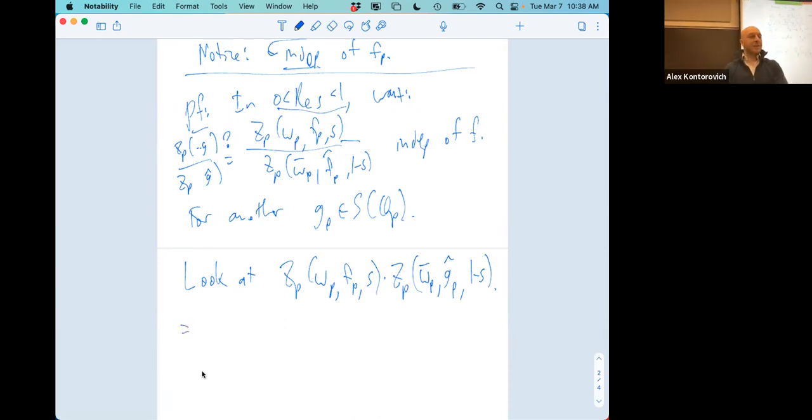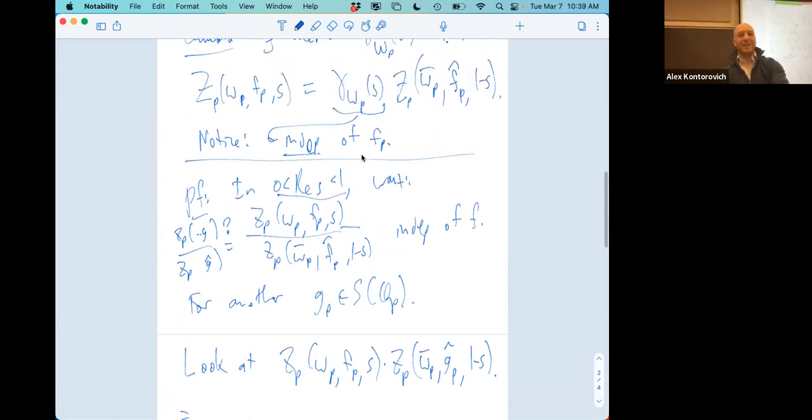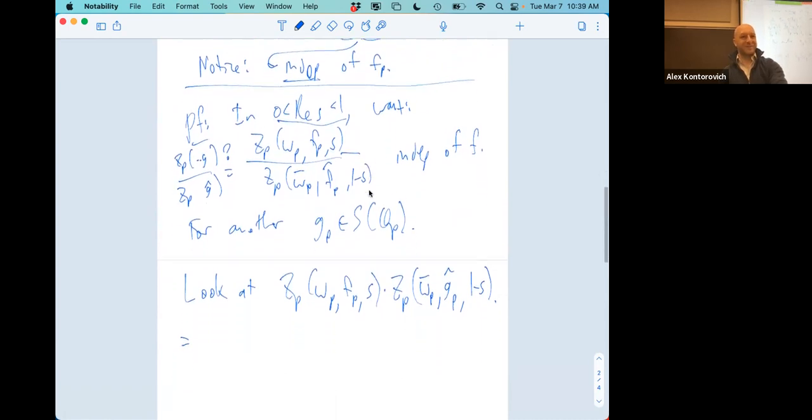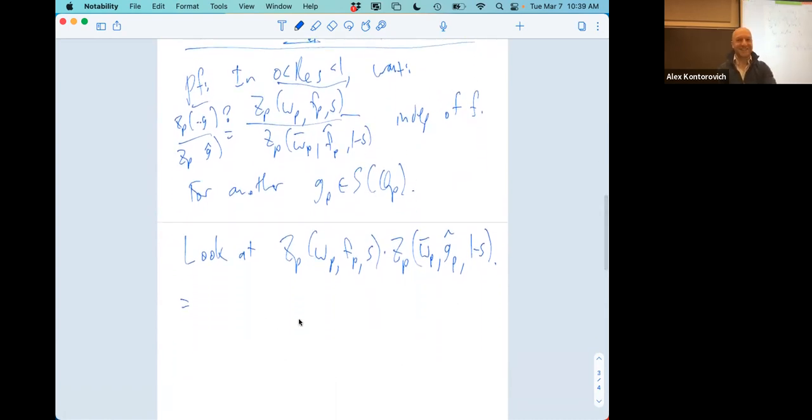So the point is this product will be independent, and that'll tell us that when we replace f by g, we'll have exactly the same integral. And so this quotient will be a holomorphic function, which we will define to be this gamma. Tate made all these lovely observations in his thesis.